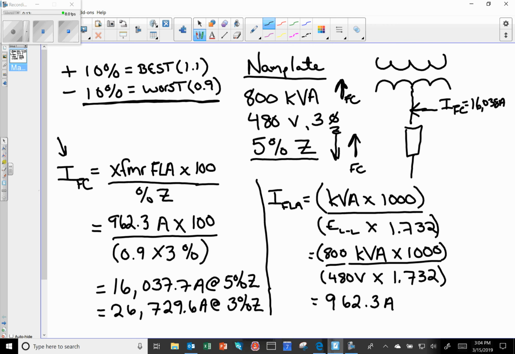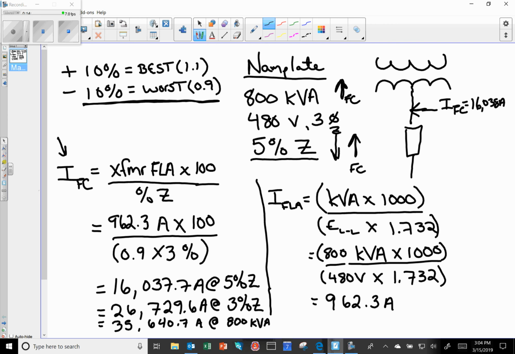And that would equal 35,640.7 amps. And remember, that would be 3% impedance, but at 800 kilovolt amps.